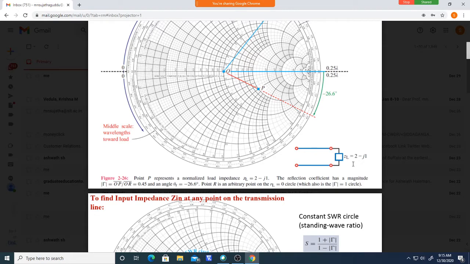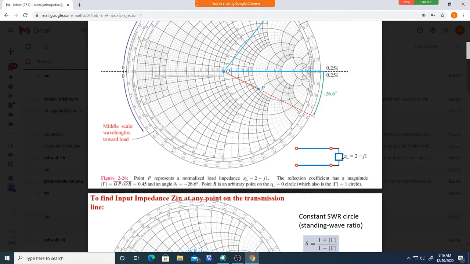That is a mathematical expression to find the reflection coefficient, because the reflection coefficient says how much reflection is there from the load. If the reflection is more, lesser power is delivered to the load ZL. This load may be some other circuit, maybe the input of a next circuit.